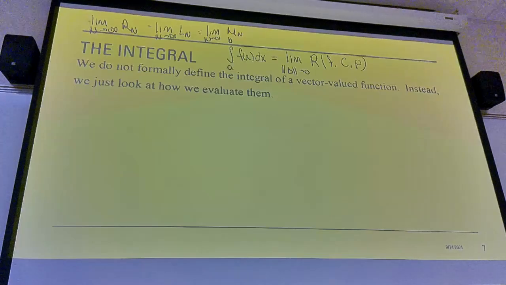I will not give the formal definition because it's well beyond the scope of a sophomore level Calc 3. It does involve a form of a Riemann sum, but how you find that Riemann sum is now a lot worse because we're dealing with vectors. So instead, I define it in terms of the fundamental theorem of calculus, which is how you evaluate it.